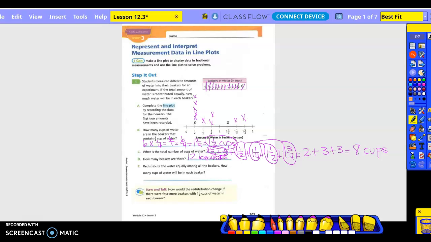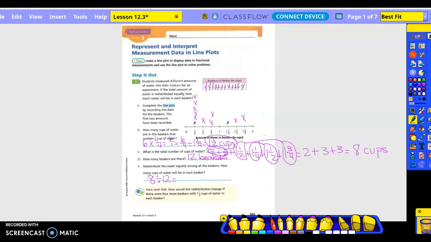Redistribute the water equally among all the beakers. How many cups of water will be in each beaker? So what would we do? What's our total? Not 8 divided. Yes, what's our total? 8. So we have 8 cups of water, and we're dividing it amongst how many beakers? Divided by 12.